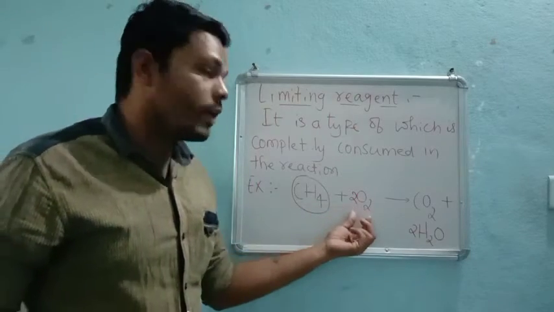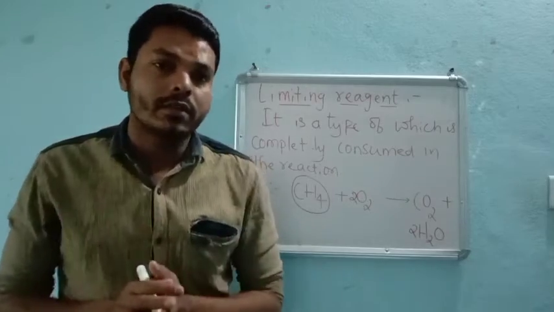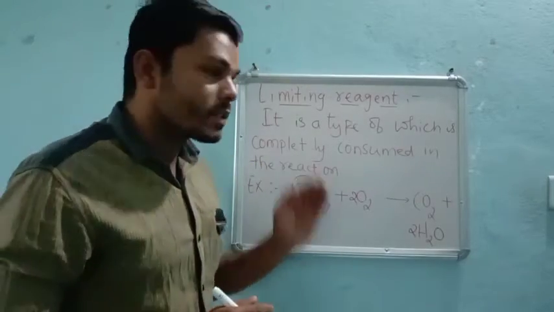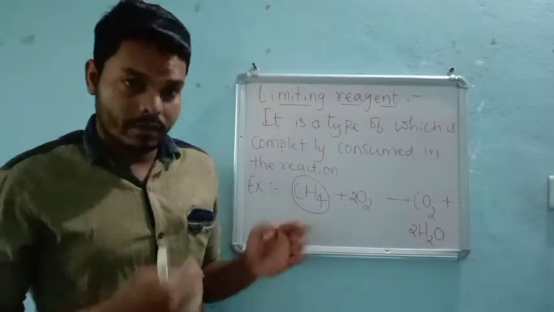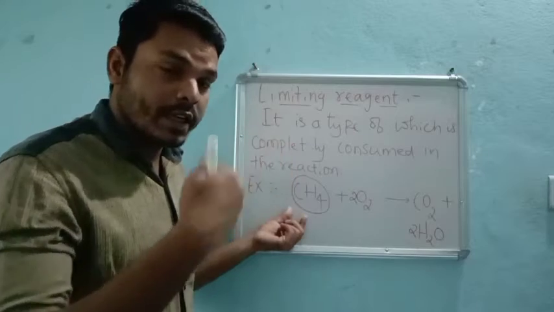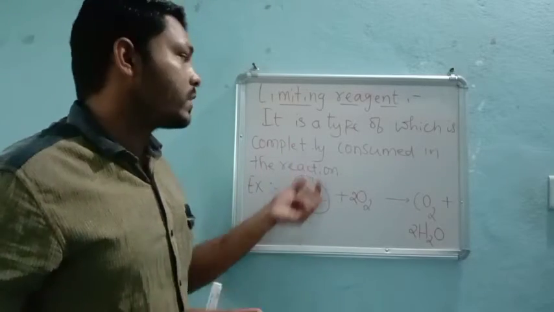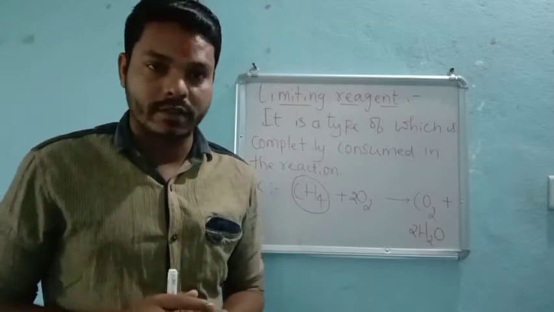Why? Because we took oxygen in excess amount. Or else we can say the one having less amount, but in all reactions we cannot say this. What I am going to say now is that the one present in less concentration is always a limiting reagent, but it is not possible for all cases.